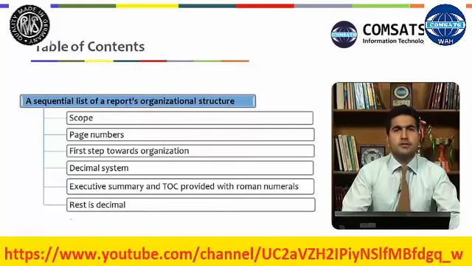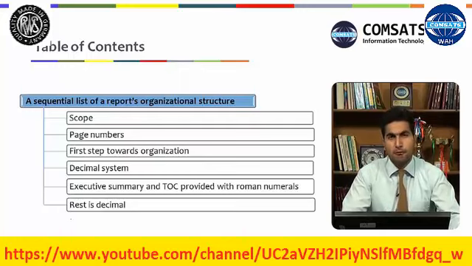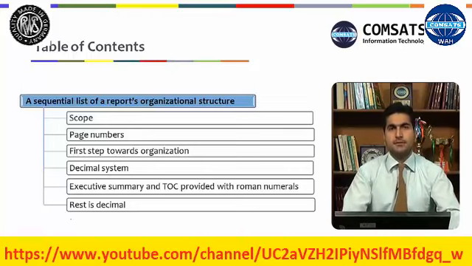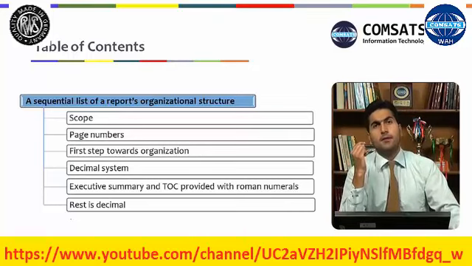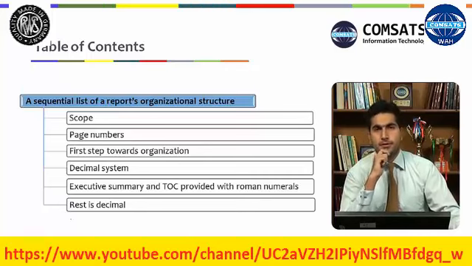Like we started our discussion by defining the report as a structured form of writing. Although technical writing itself is also well structured, this structured form of writing is well organized, and that organization basically begins with the provision of the TOC, the table of contents.